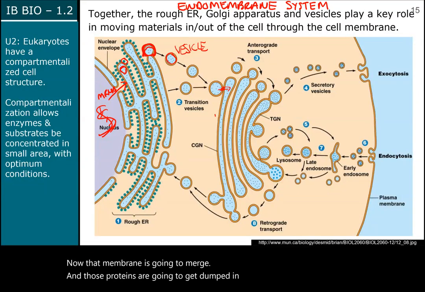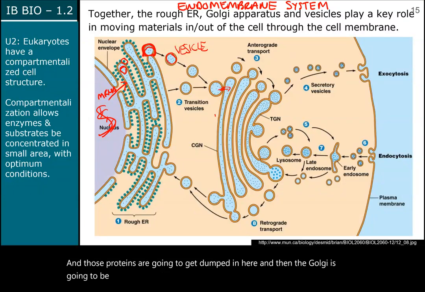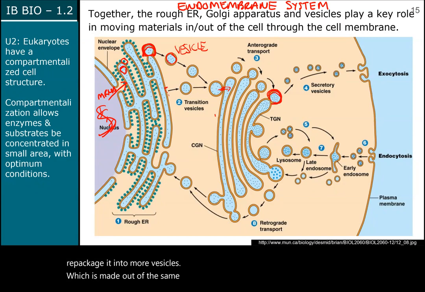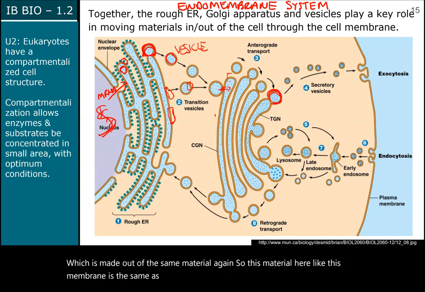And then the Golgi is going to be like, oh, I recognize this. I know where it goes. So it's going to repackage it into more vesicles, which are made out of the same material. Again, this membrane is the same as this membrane is the same as this membrane, right? And then it's going to package it and send it.